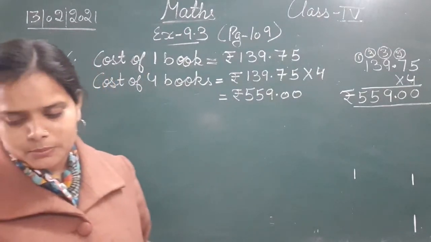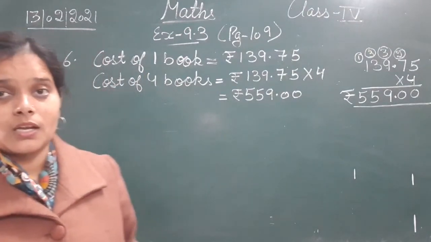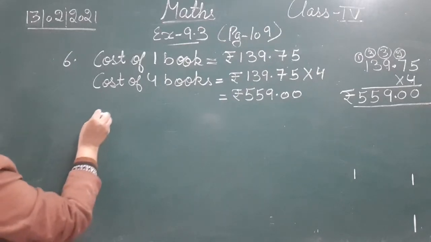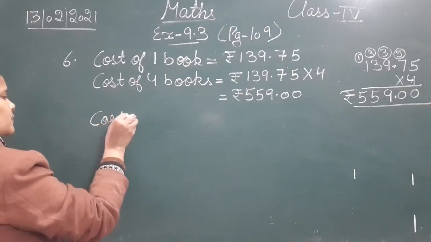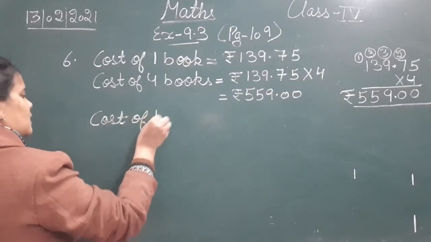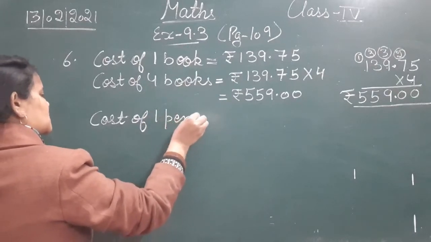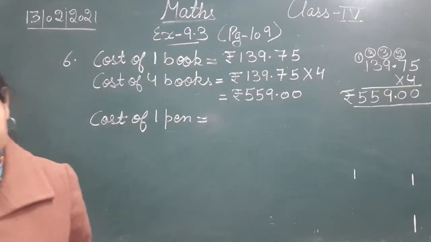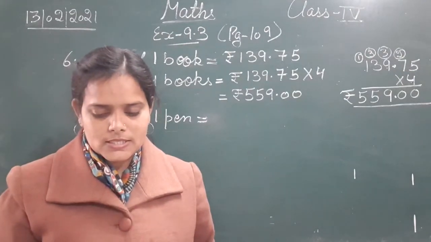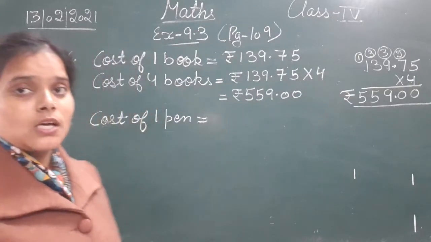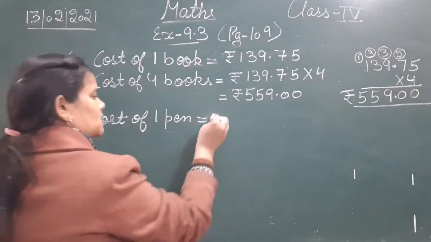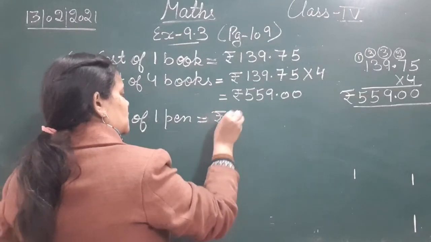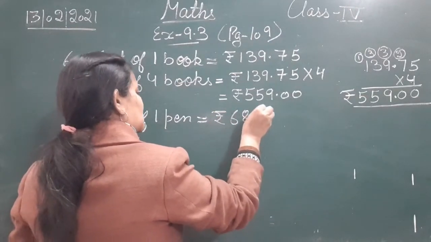So the second item she purchased is pen. The cost of one pen is given. This is the second item that is being purchased by Karina, and the cost of one pen is given here, 68 rupees and 50 paise.